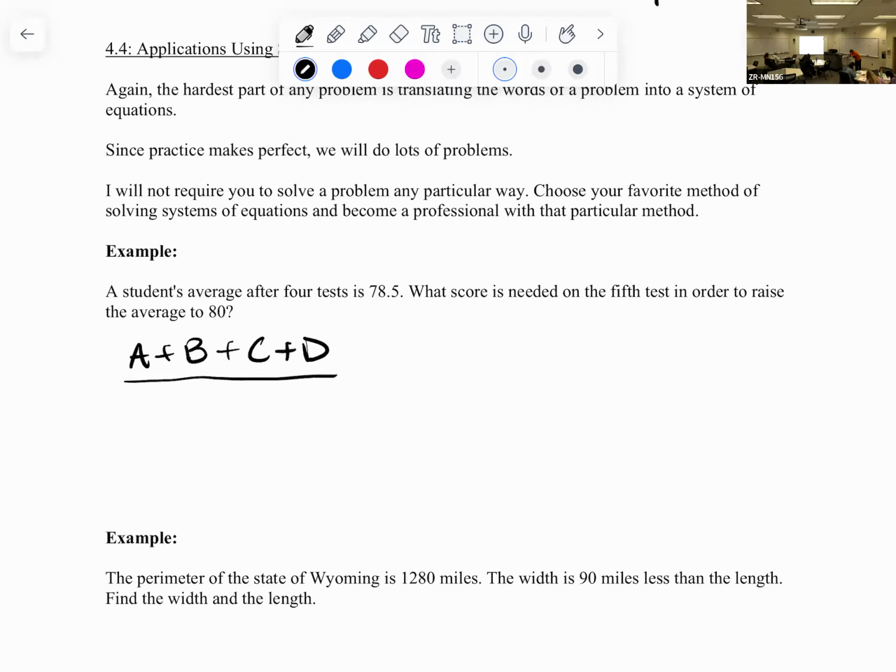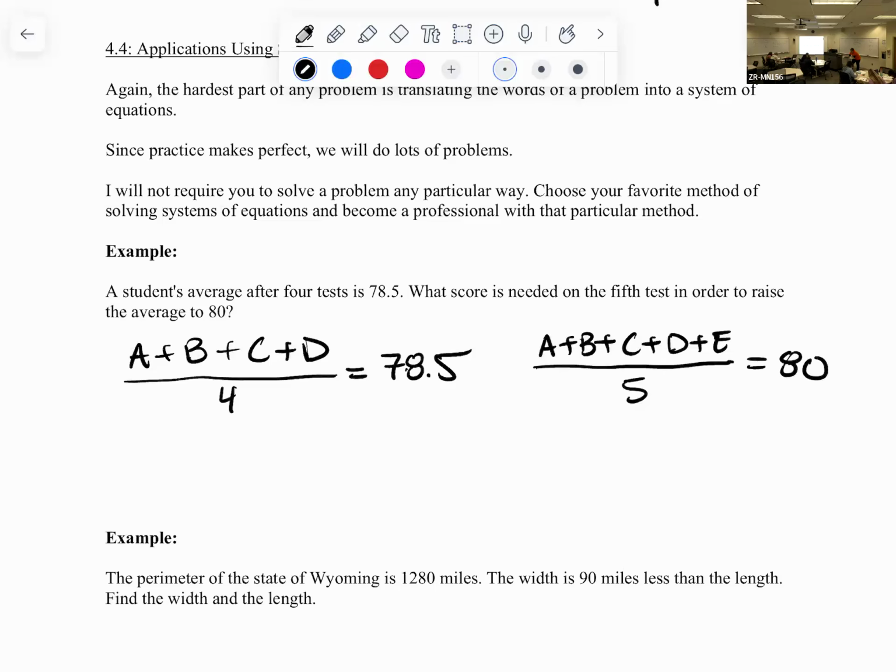A plus B plus C plus D, all divided by 4 makes 78.5. What score is needed on the 5th test to raise the average to 80? So now what do we have? A plus B plus C plus D plus E divided by 5 equals 80. Very well done. Setting up the problem is the hardest part; from here on out it's just details.